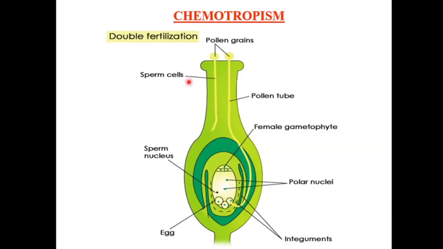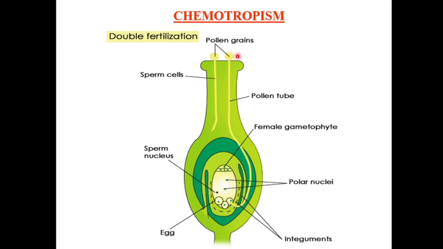Okay, next, this is chemotropism. I already told that the pollen tube, this again we will discuss in the chapter of reproduction. The pollen grains do not enter. Look, pollen grains are what? They are actually male gametophyte. They represent the male sex, right? Here the egg is the representative of the female sex.